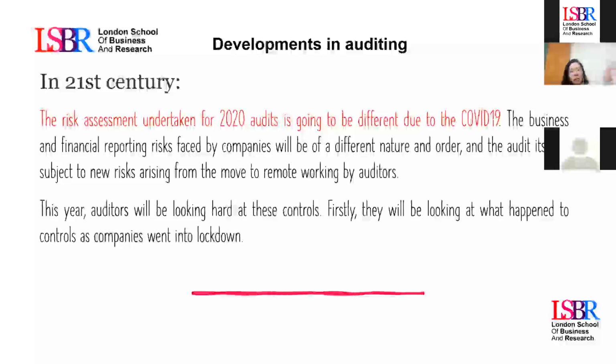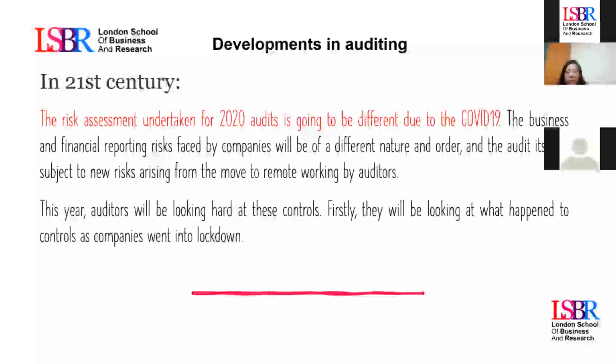Now let's move to the 21st century. Nowadays it is important to consider new risks in all the industries, like for example COVID-19, in which all the companies considered working, for example, remotely.